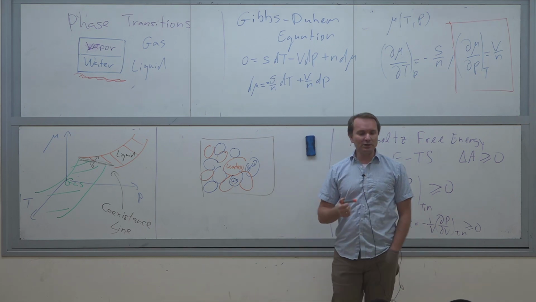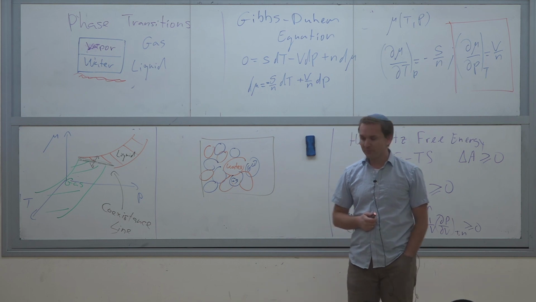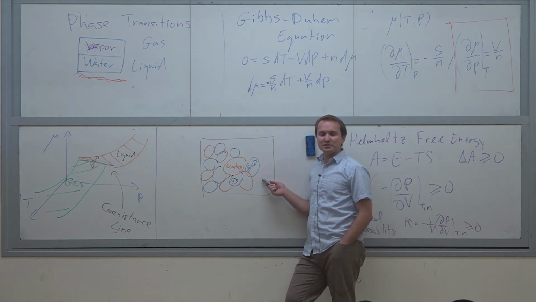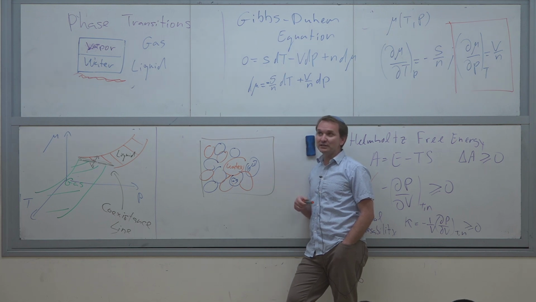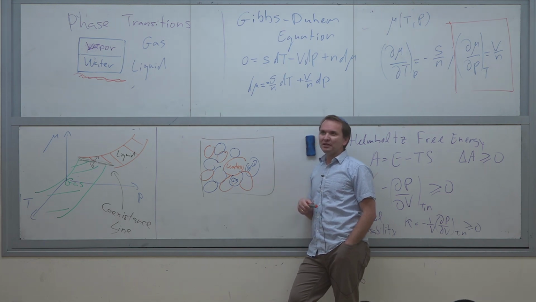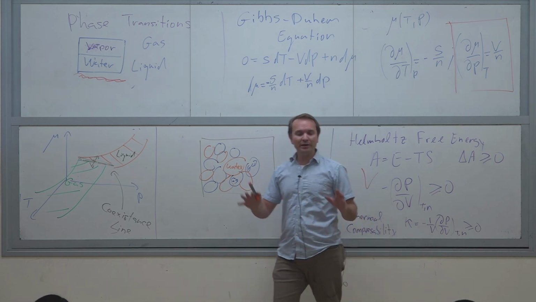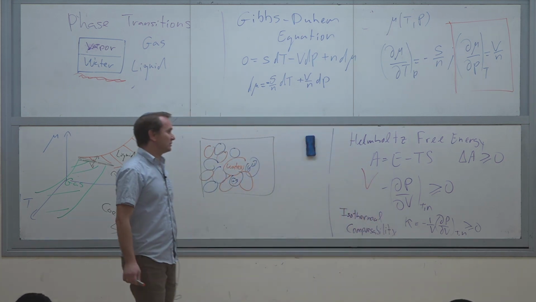You see them a lot in magnetic systems. Don't worry, we will discuss those systems towards the end of the class. But you have to have a very specific temperature and very specific pressure in order to see this. Usually what you see is a type 1 phase transition.